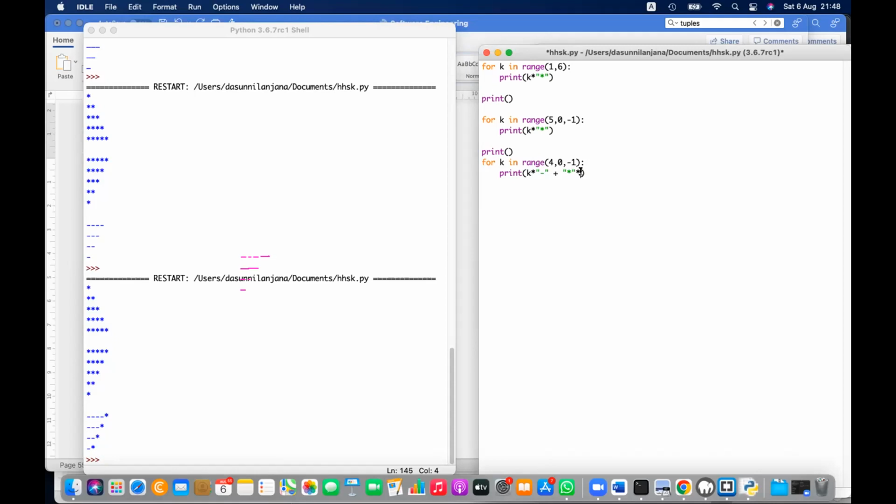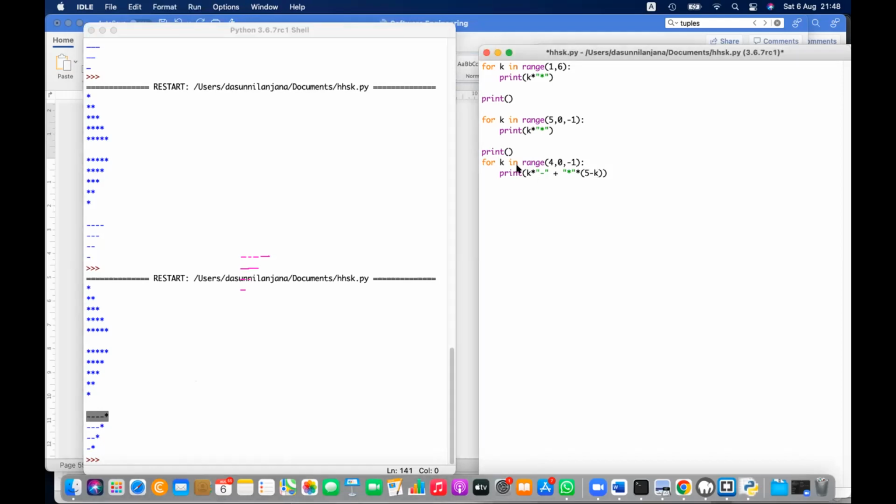To do that, can I do something like this? If I say 5 minus k, the value of k initially is 4, so you get 4 dashes. Then 5 minus k is 5 minus 4, which is 1. First line is done.